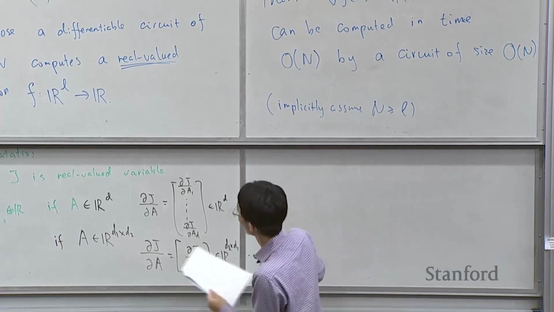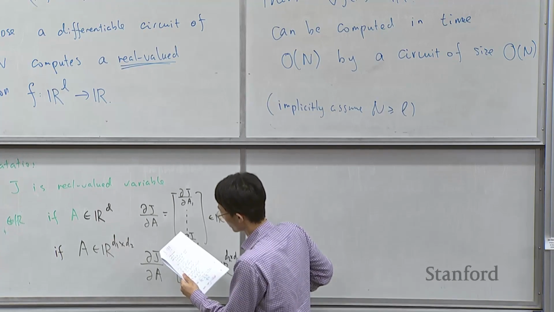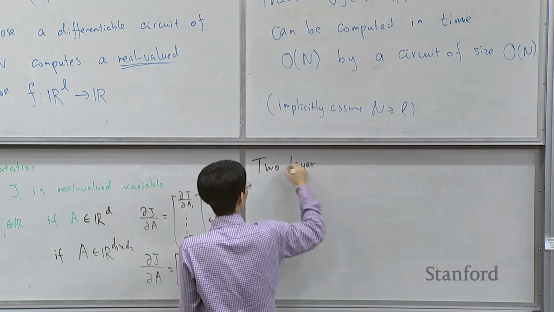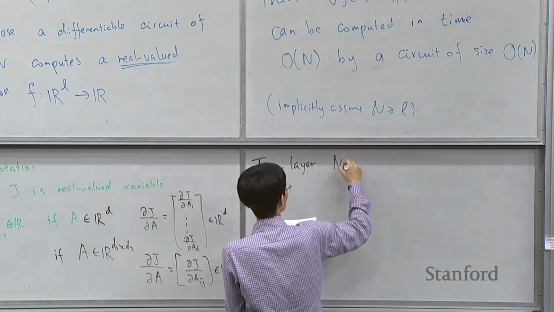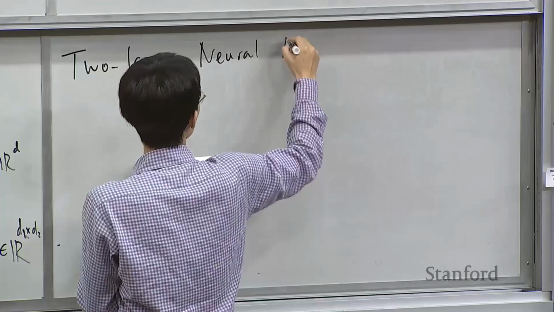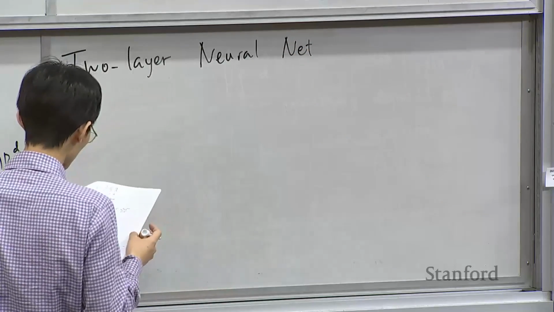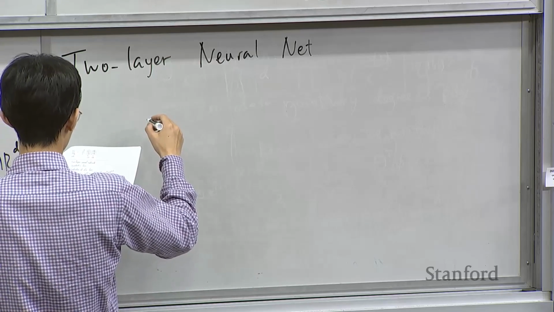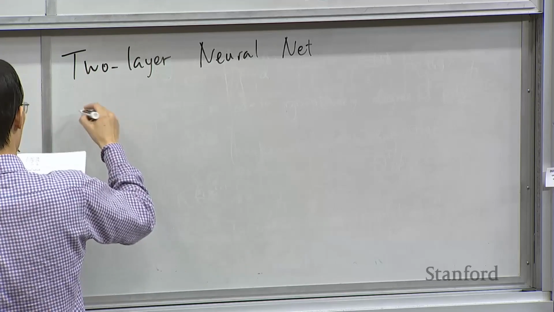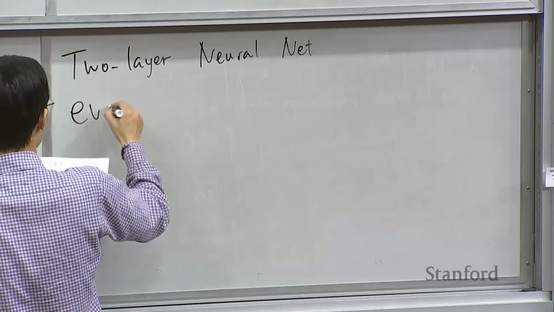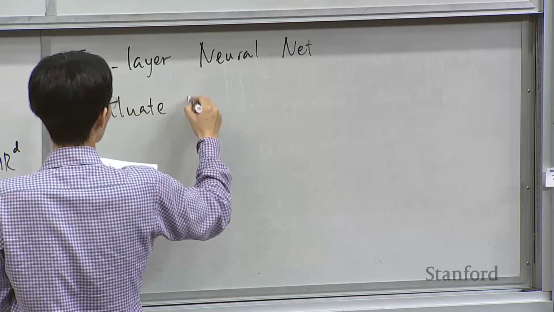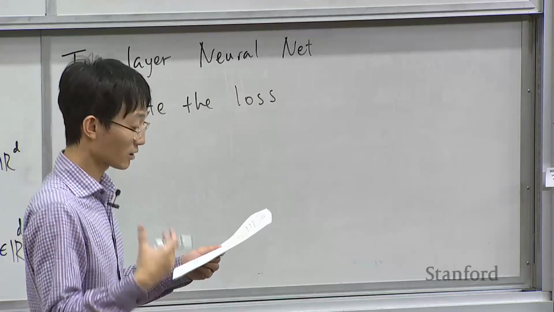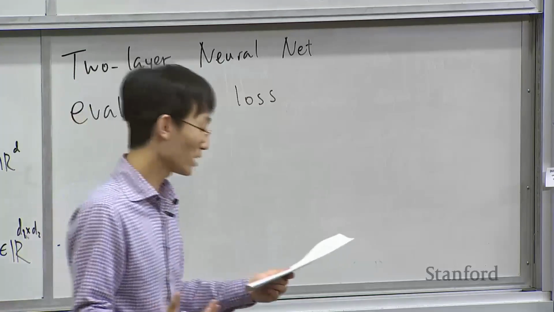Okay. So now let me talk about the two-layer network. This is just a review; I think Masha has talked about this. If you evaluate the loss function, you first have to compute the output of the model, then compare it with the label, and compute the loss.